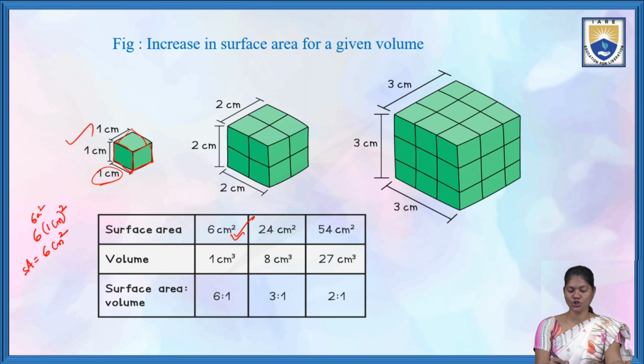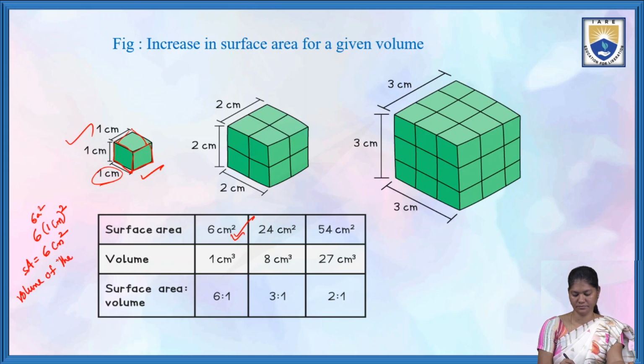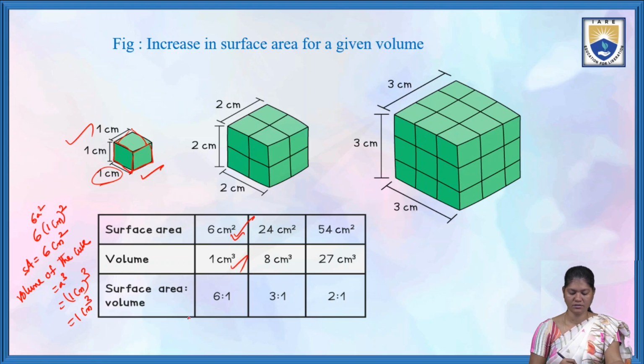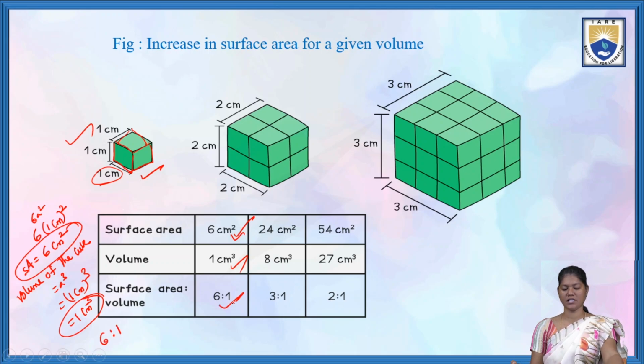The volume of the cube is a cube, equal to 1 centimeter cube. So the ratio is 6:1.